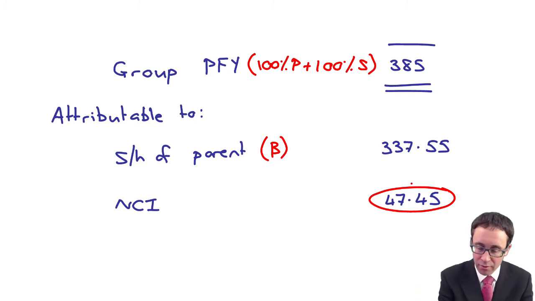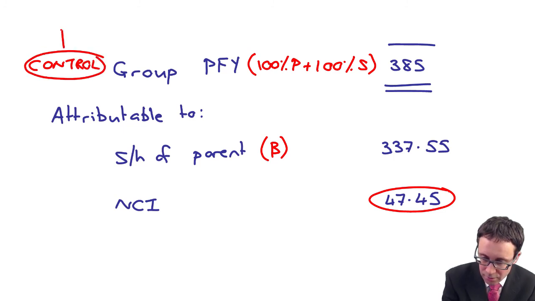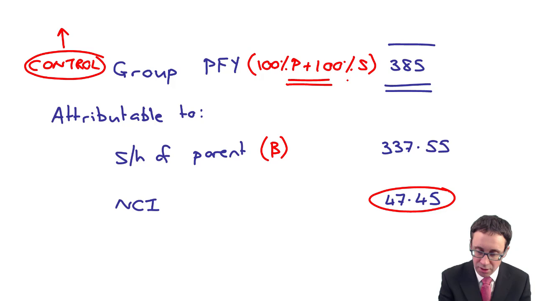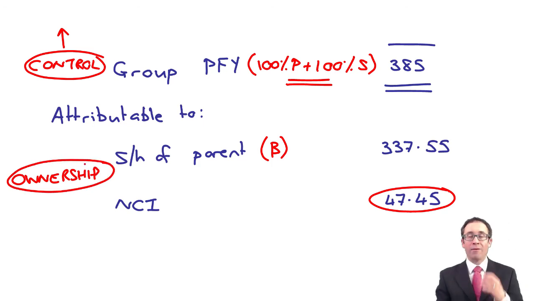Remember, when you're thinking about the group accounts, everything to the top there is all about control, isn't it? And we show control by putting in 100% of the parent and 100% of the subsidiary. And then here in the bottom of your statement of profit or loss, it's all about the ownership, isn't it? Who owns what?